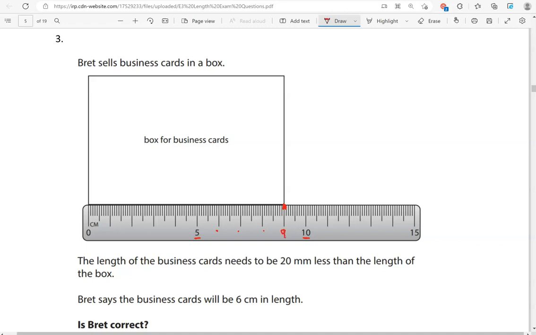The length of the business cards needs to be 20 millimeters less. So millimeters are these small divisions in here, 20 of them. So if I go backwards, that'll be 10, 20. So this is how long the business cards should be, which is 7 centimeters and not 6 centimeters like Brett says.